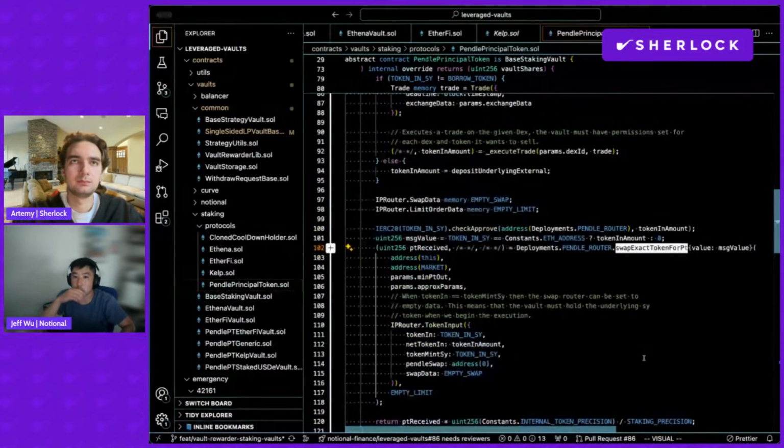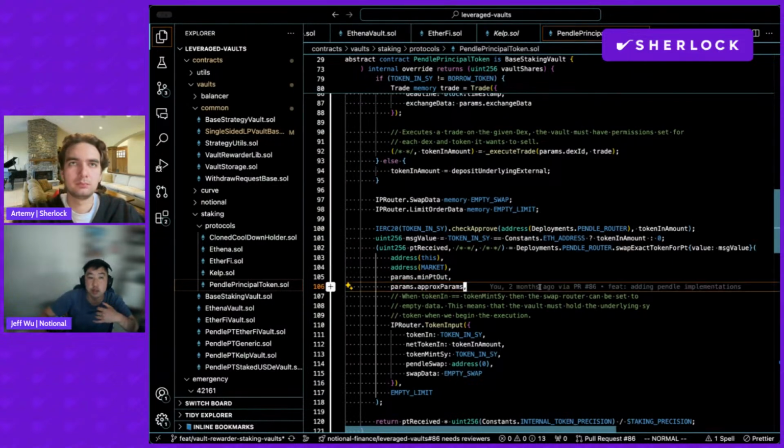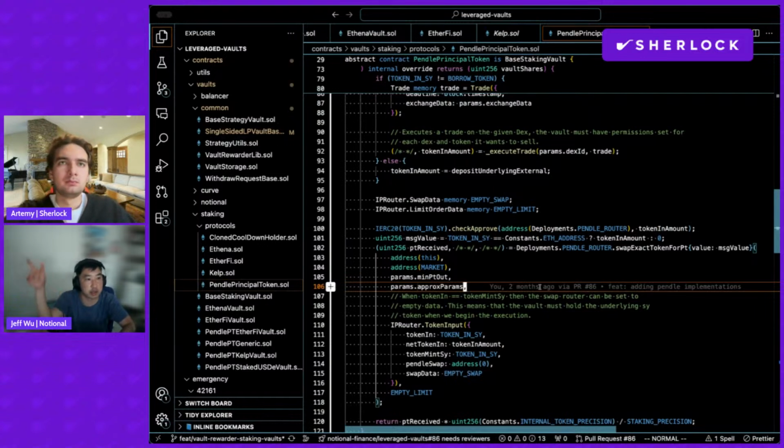I'll note here, when we swap into PT tokens, we are dependent on these approx params, and these are best accessed from the Pendle off-chain API. They calculate how much PT you can receive for the input tokens.